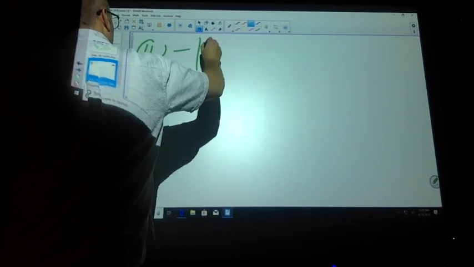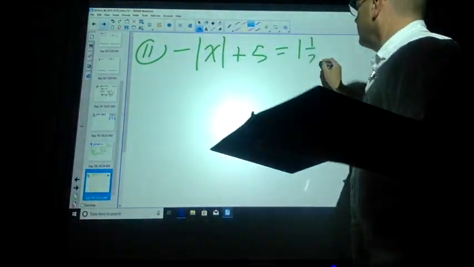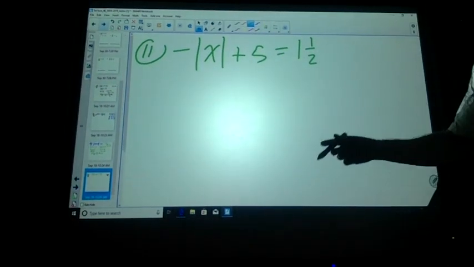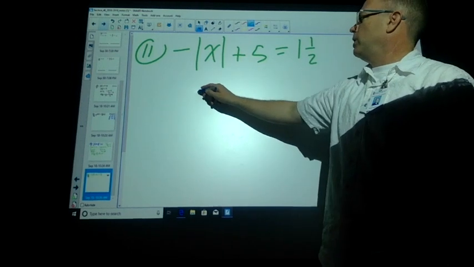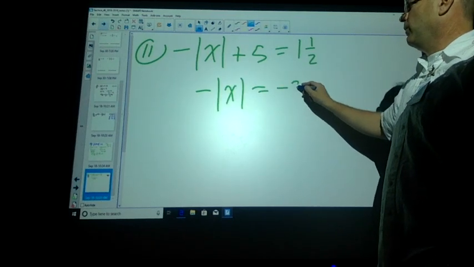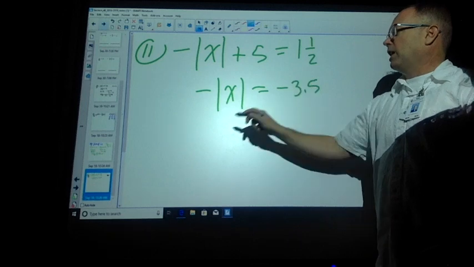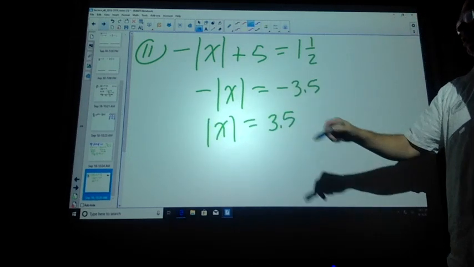Number 11, negative absolute value of x plus 5 equals 1.5. First thing I would do is move the 5 over by subtraction. So if I subtract 5 from 1.5, I wind up with negative 3.5. Multiply both sides by a negative. So I get 3.5. So now this exists.